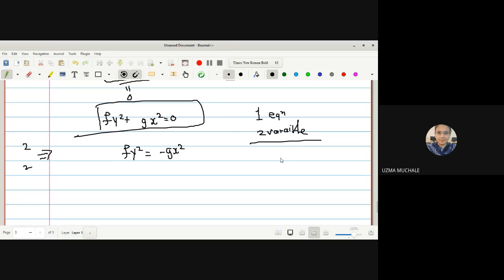Single equation in two variables: infinitely many solutions.